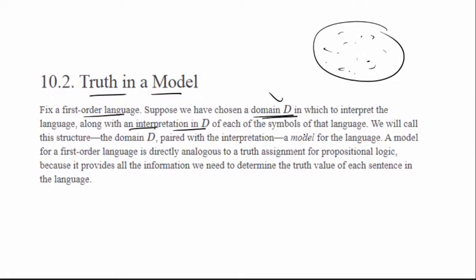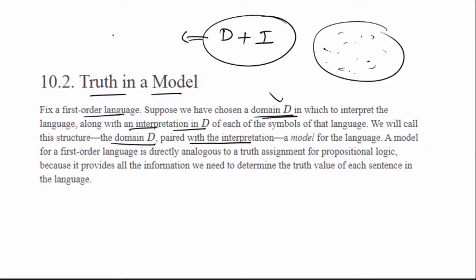So now, if we have a domain and we have an interpretation, these two things together we will call either an environment or a structure. Let's assume we are calling this M. So this domain plus interpretation, let's call it M, and this M is an environment.